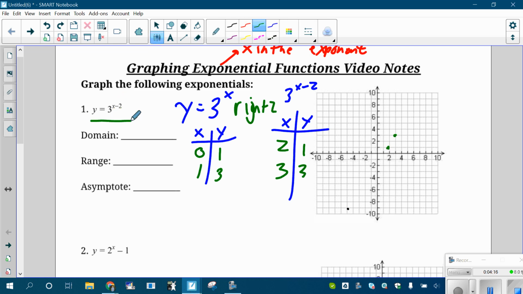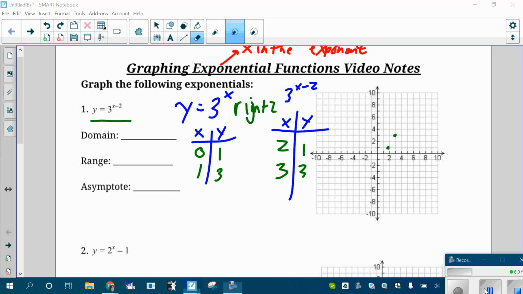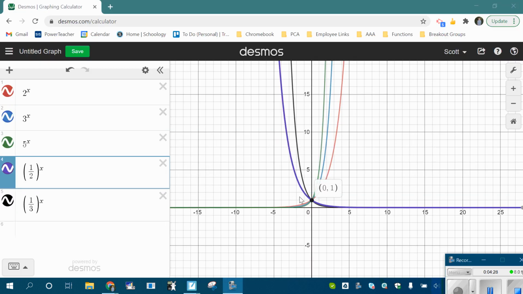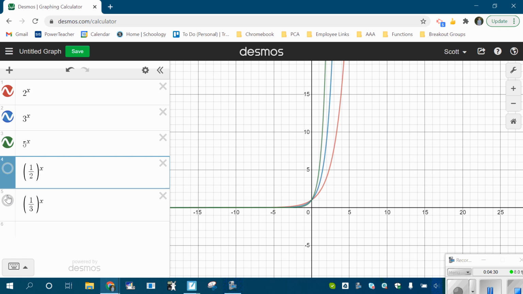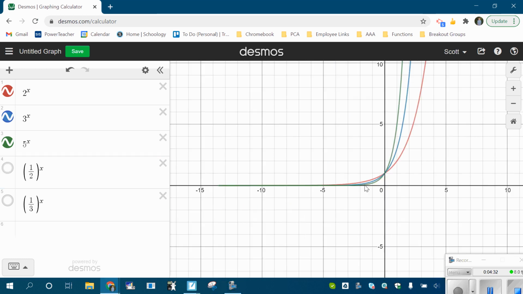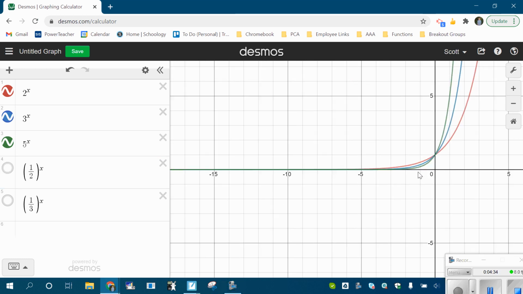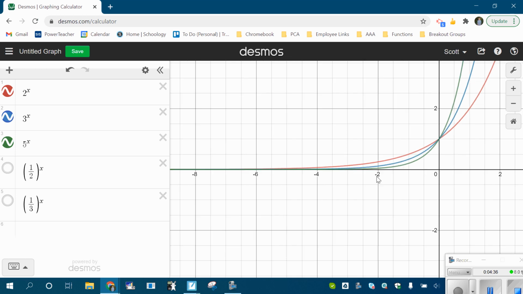The other important thing we're going to graph is the asymptote. I'll give you a quick reminder about what asymptotes are. If you look at all these graphs, they all kind of swoop down, and they don't ever go negative. They kind of just get really close to 0.